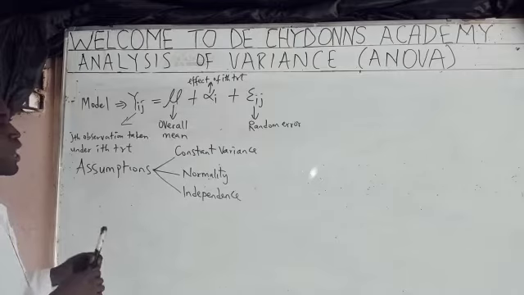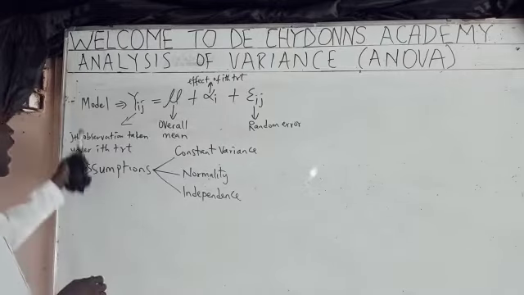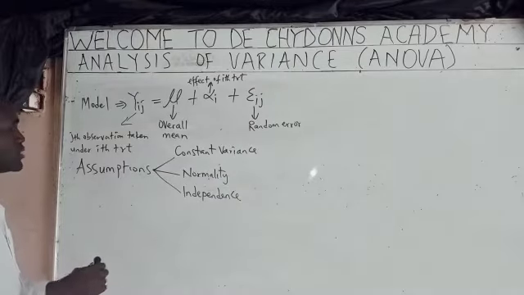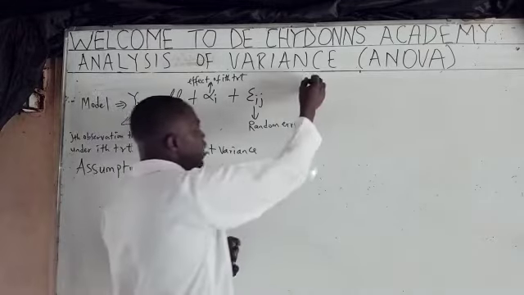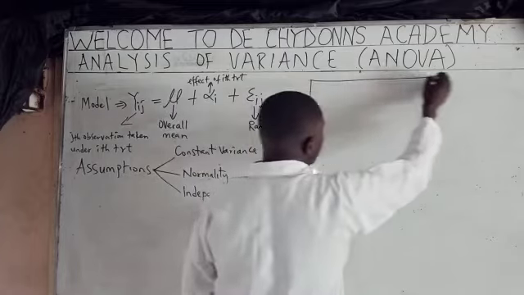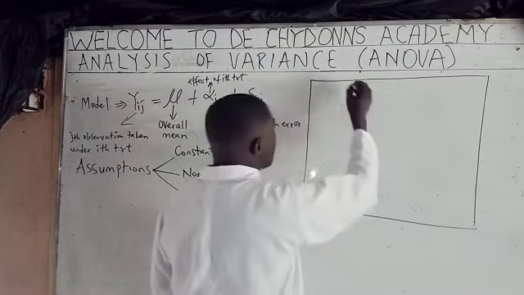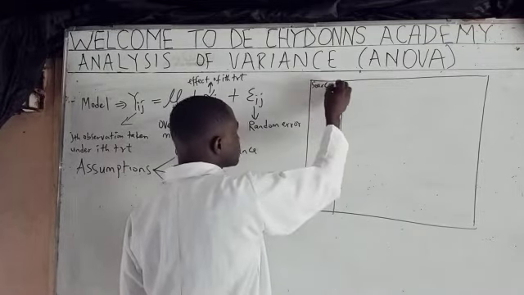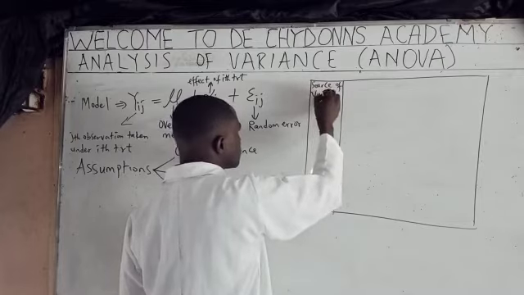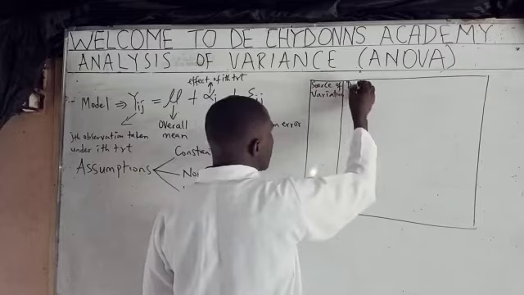Okay? Now, we have been able to see what the assumptions are and the model. This one-way ANOVA has a table that we call one-way ANOVA table. And look at what makes this up. The first one is source of variation. Then the next one is degree of freedom.